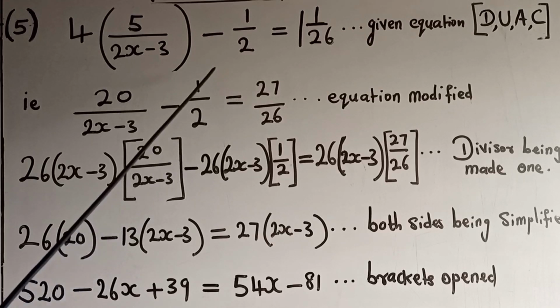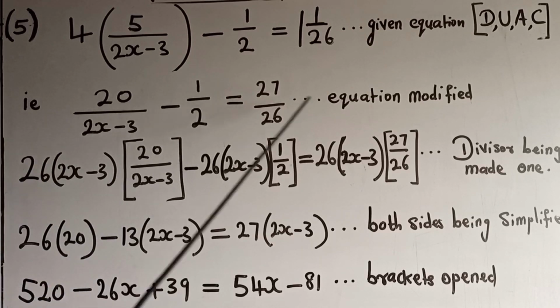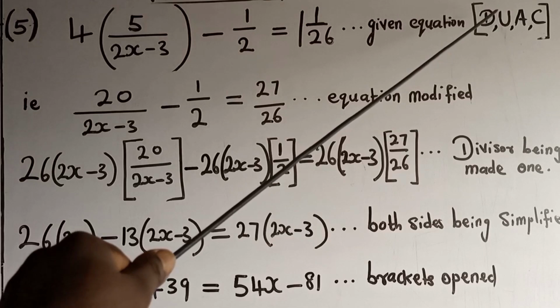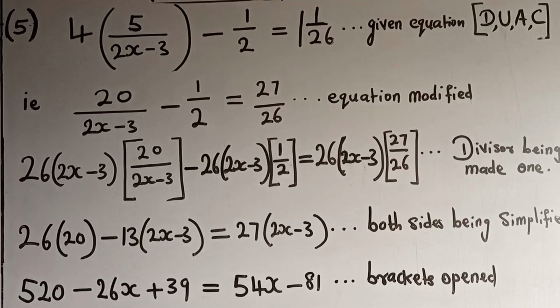Now we have it this way. What do we do? We go back to the first scale, which is this D, to make all the divisors become 1. 2x minus 3 is not 1, but probably, because we don't know what this x is.